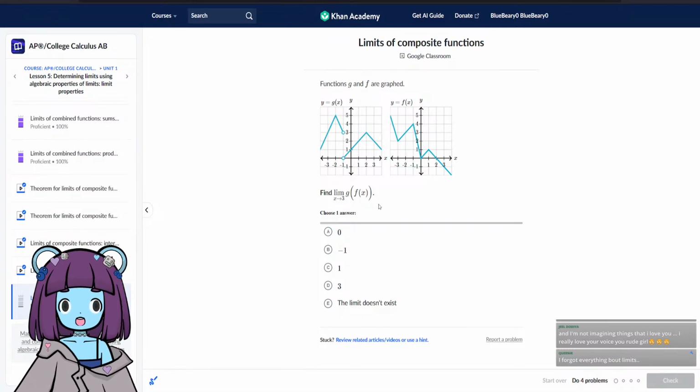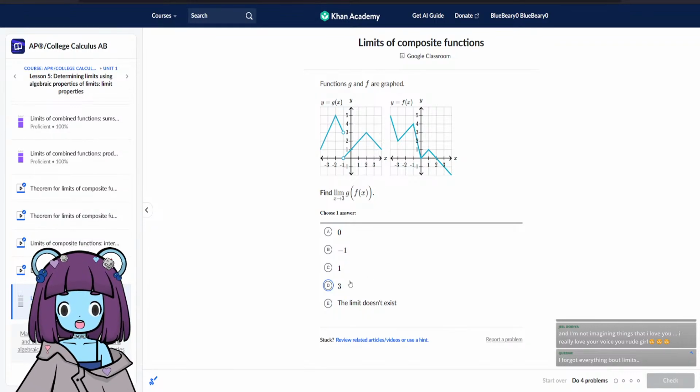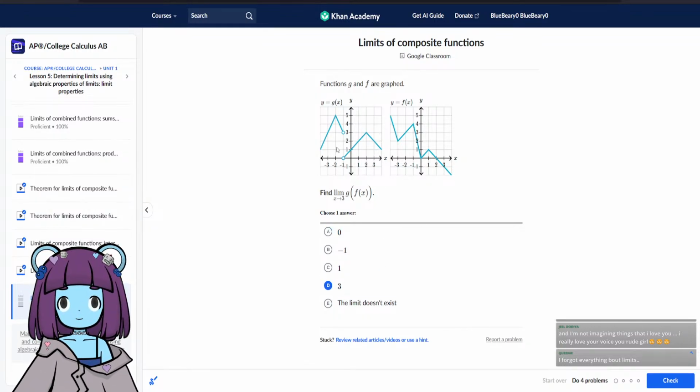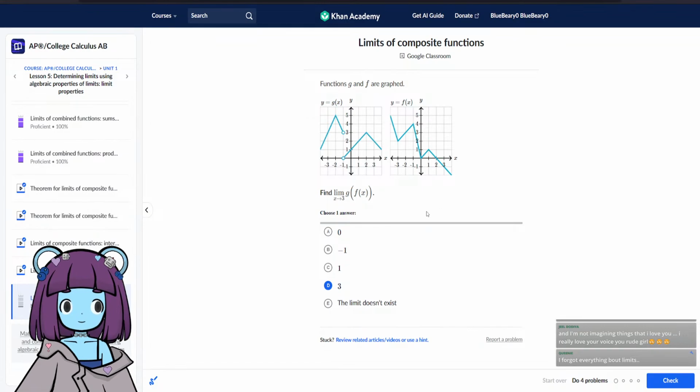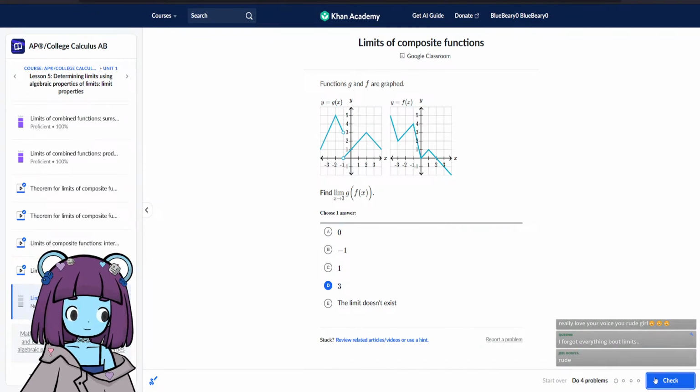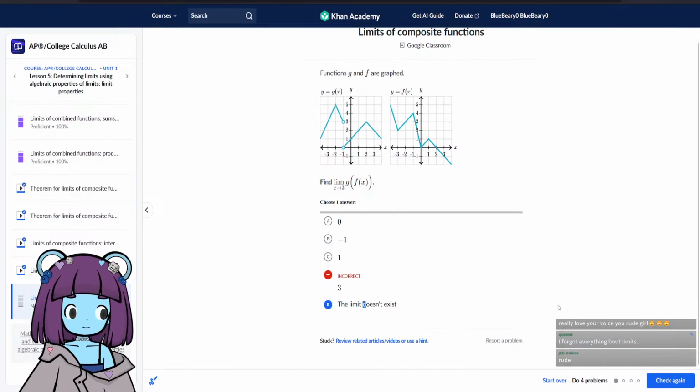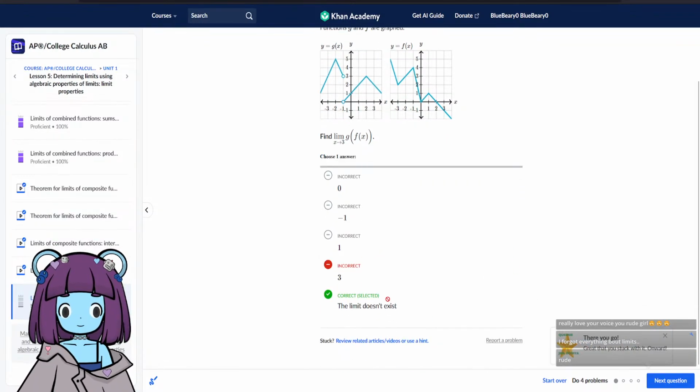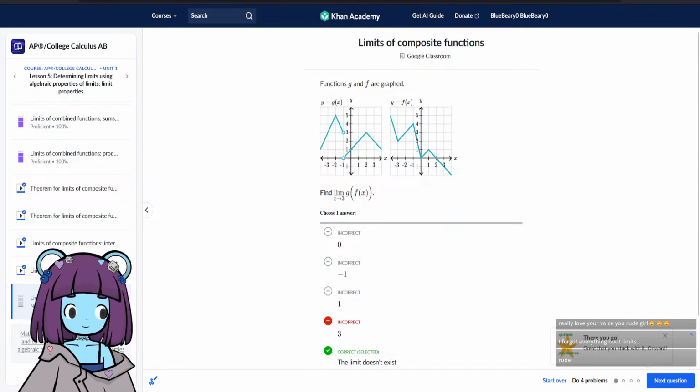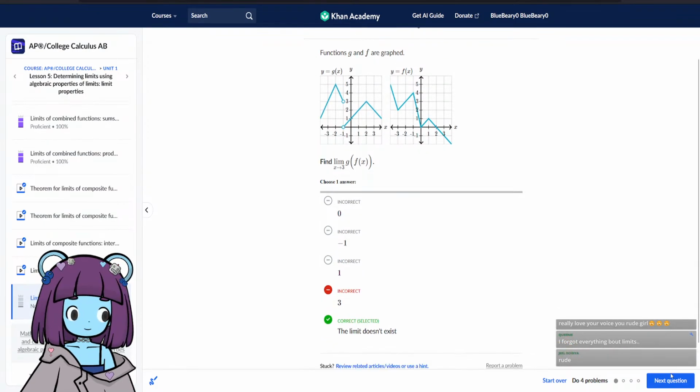So now I have to do what they did, which was split it up almost. And does that mean it's 3? I kind of don't understand that concept too well. I would assume that it does not exist. Okay, I'm just gonna go with that.